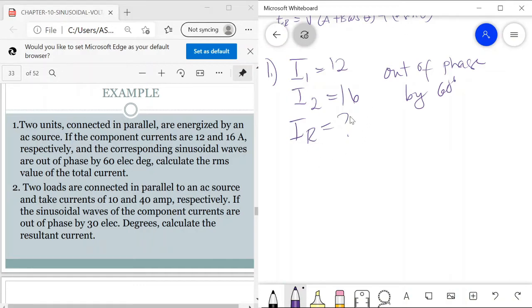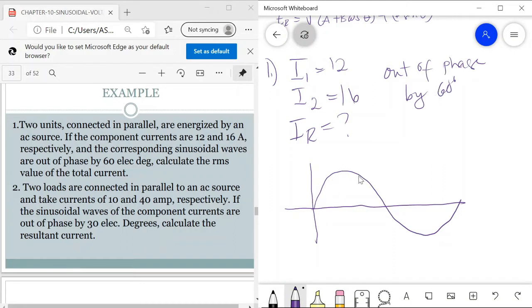If we draw the sine wave of this one, it will look like this. So, yung isa may maximum or RMS na 12, yung isa is 16. So, this is your 12. Since hindi sinabi dito kung negative or positive yung out of phase nila, we will consider positive na lang.